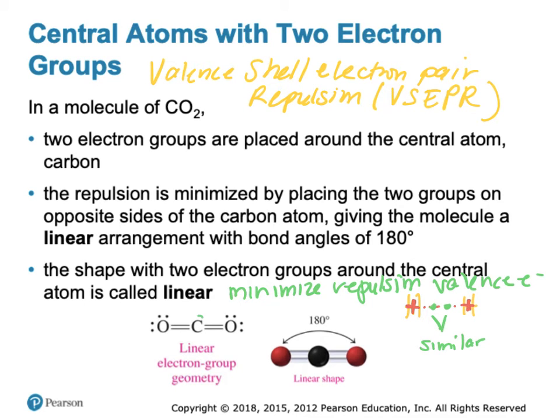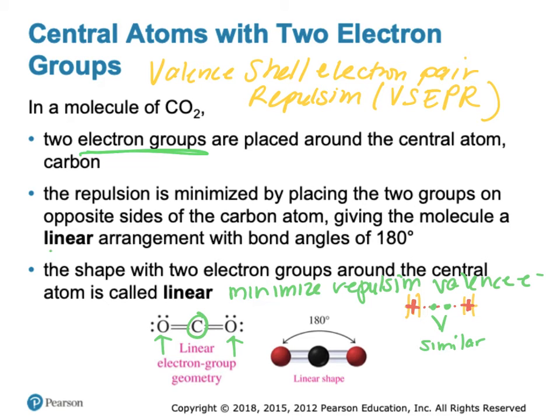Here we have our central atom carbon, and it is bonded to two oxygens. These oxygens can be referred to as electron groups. The repulsion between these two electron groups is minimized by placing them on opposite sides of the carbon.